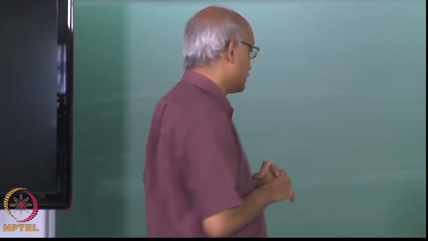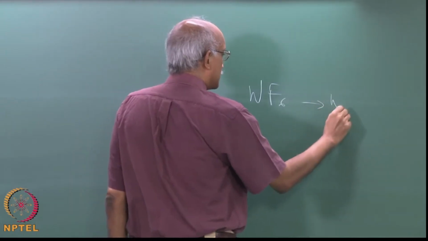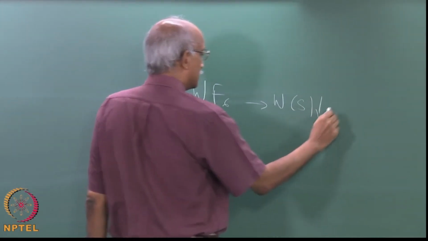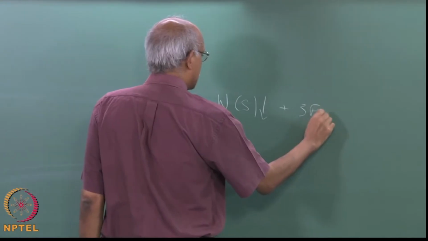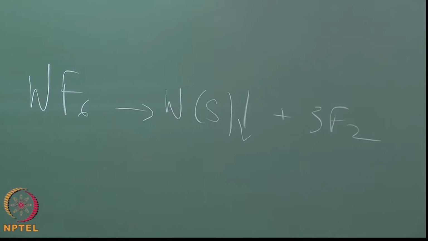In fact, the most common mode of depositing tungsten is to use a mix of WF6 and H2. Actually, WF6 itself can obviously give you tungsten solid plus 3F2, but the energy barrier in this case can be quite high.